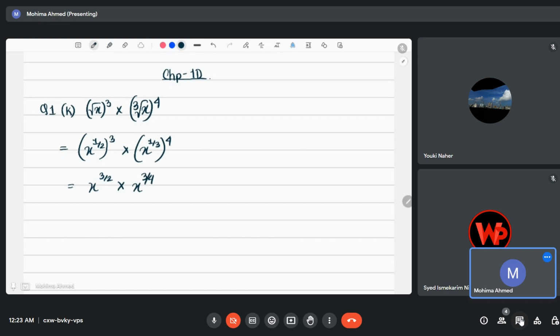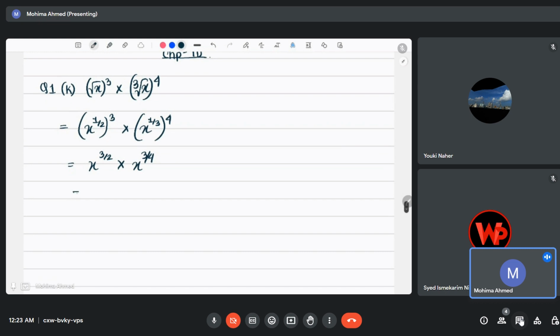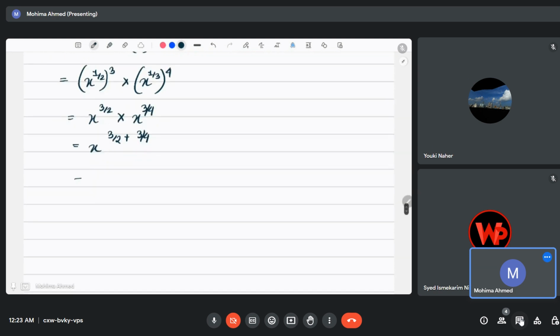Since the bases are the same and in multiply format, the powers get added together. So you have 3 over 2 plus 3 over 4, so you get 9 by 4, and lastly you can write x equals x to the power 9 over 4.